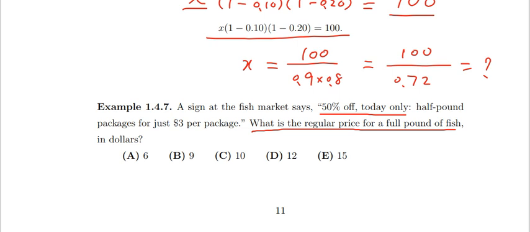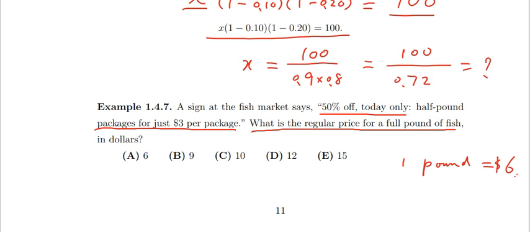Half a pound package for just $3 per package. So this means half a pound package is $3, right? Then 1 pound is $6.